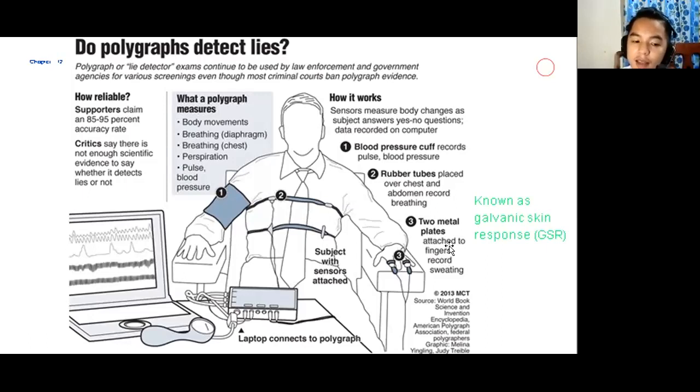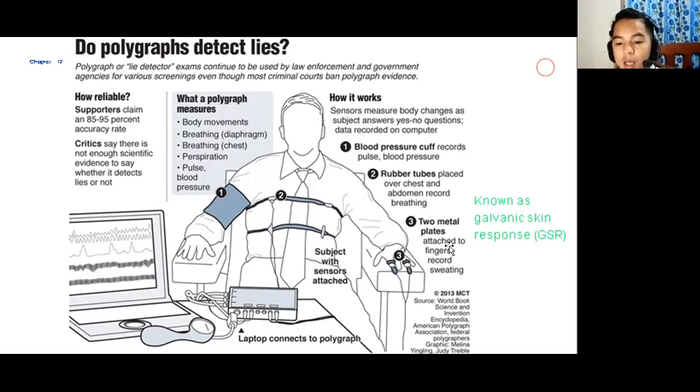The galvanic skin response is what happens when a person sweats: what is released is not only water but also salts, and salty water conducts electricity.